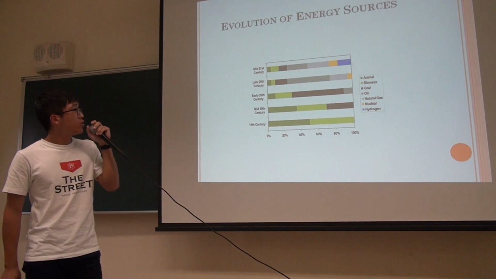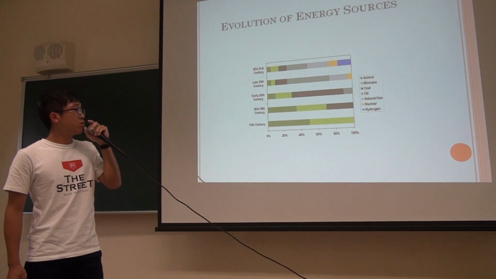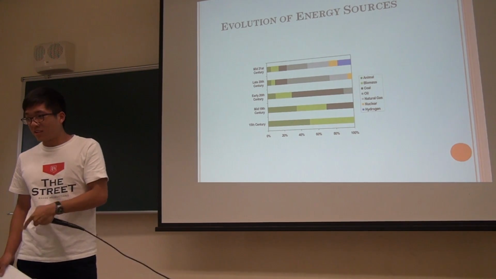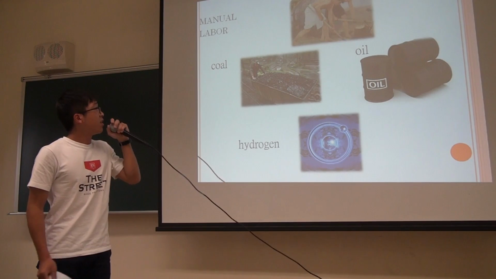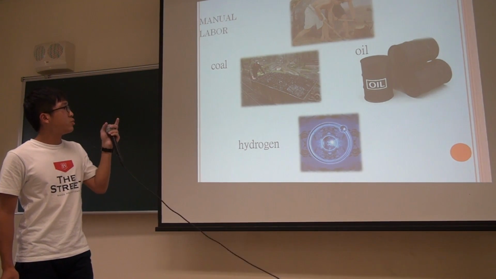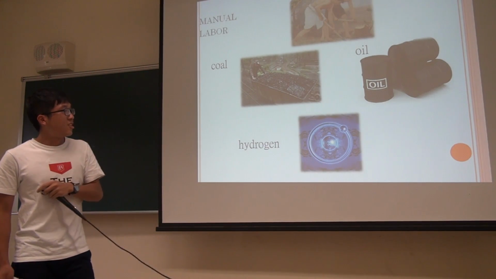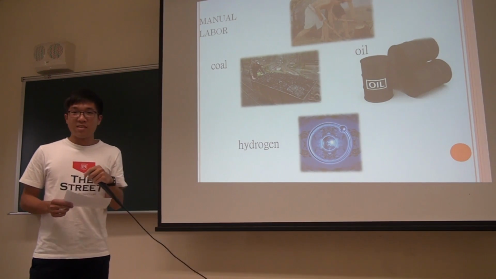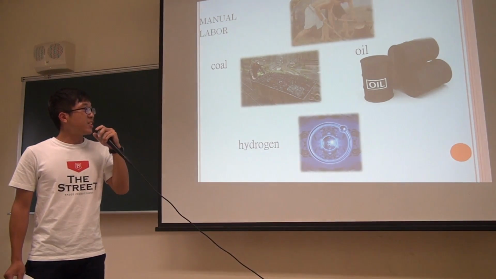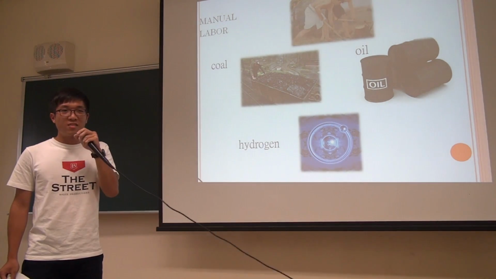A very important change is that we started to use some hydrogen sources. And here is the energy we mainly use in each period. And this is the end of my part.